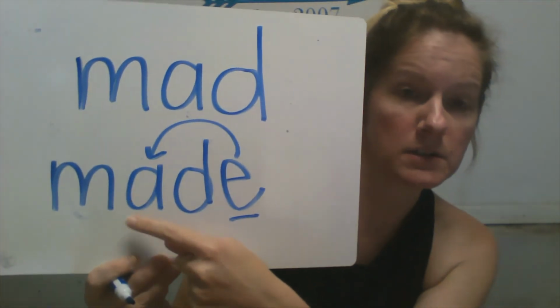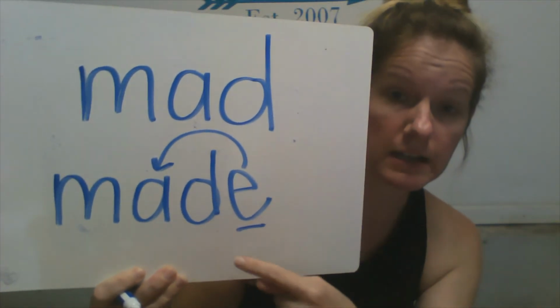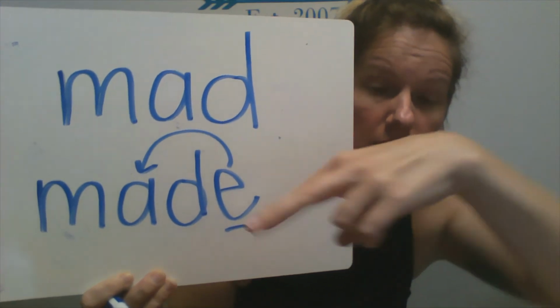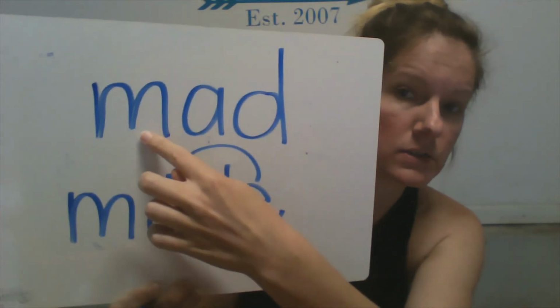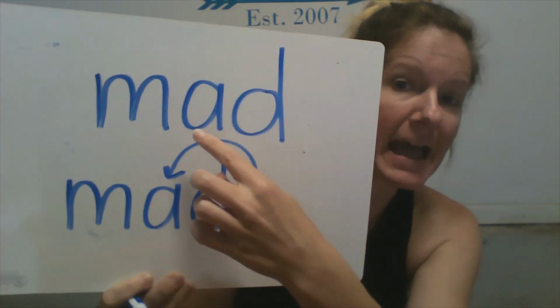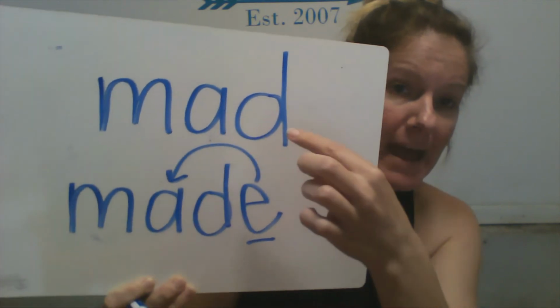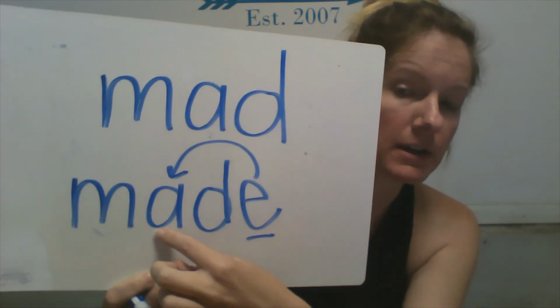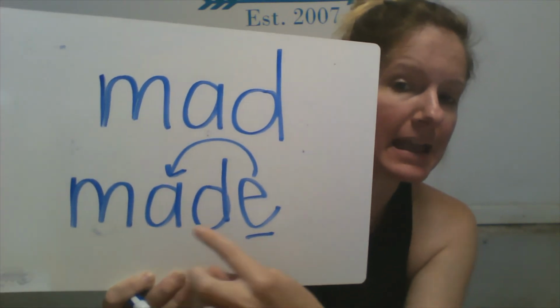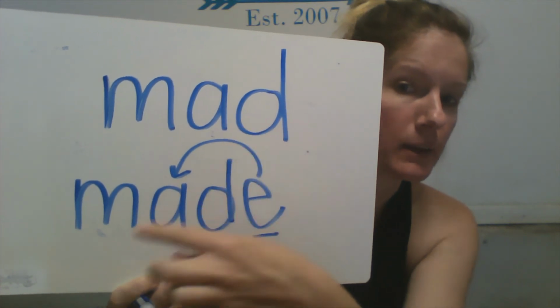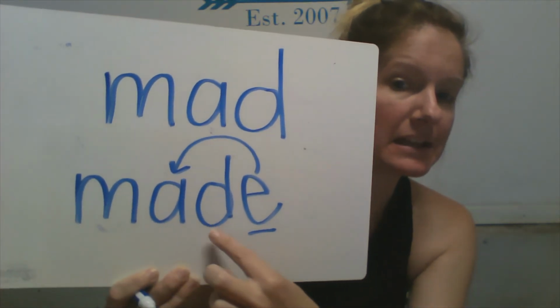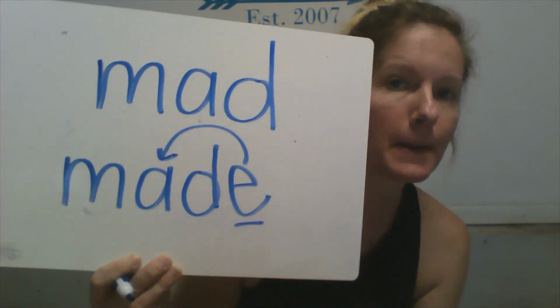The first one does the talking. The second one does the walking. All right, sound this one out. Add. Mad. He's going to talk. Ready? Aid. What's the word? Made. Very good. Very, very good.